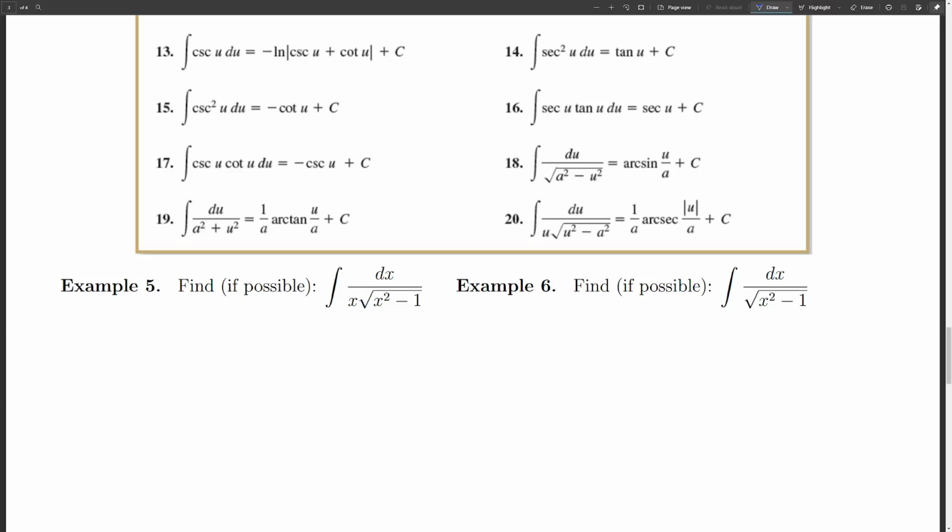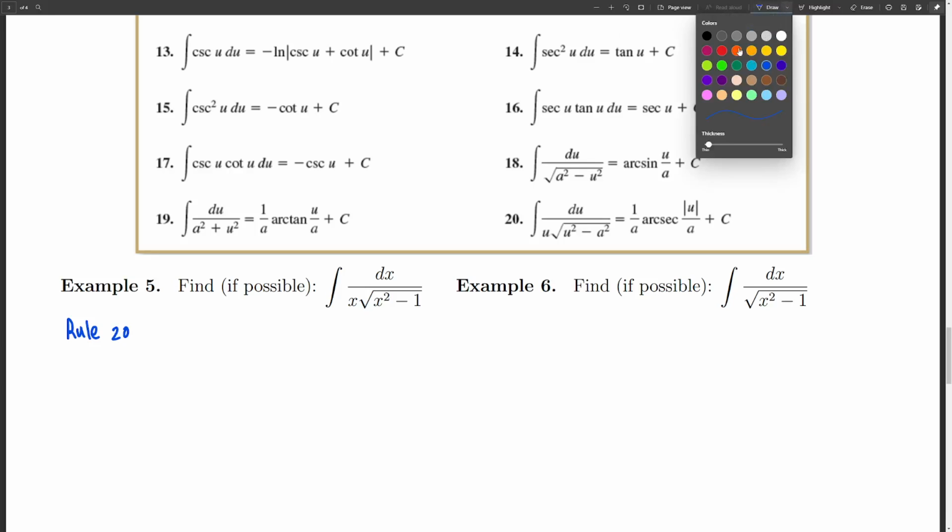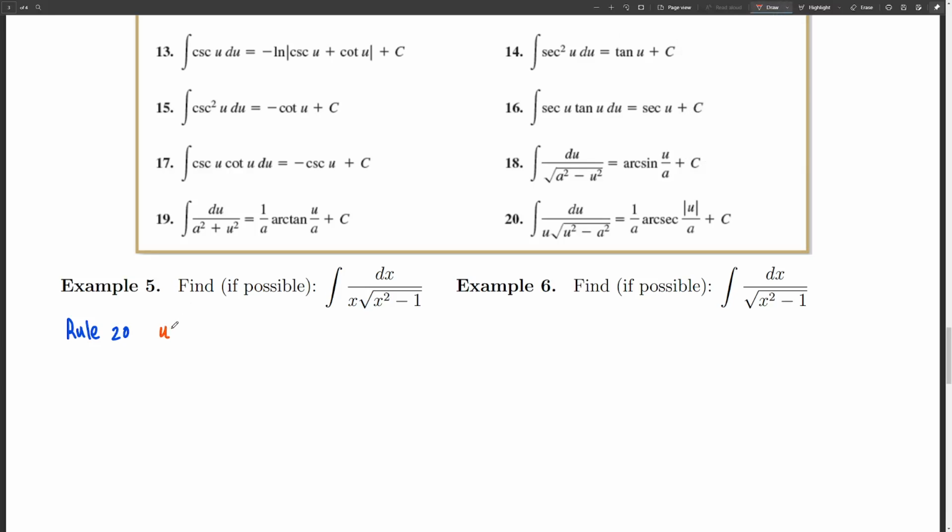So what you see here is your variable squared, and then minus the constant squared. So example 5 is just rule 20, and we have that u equals x and a equals 1.